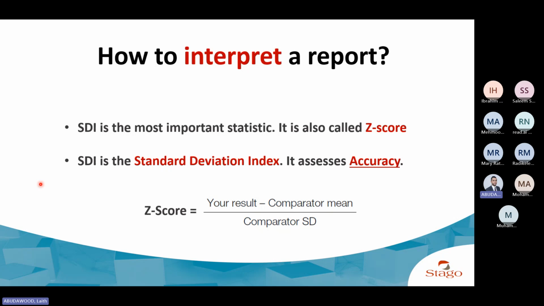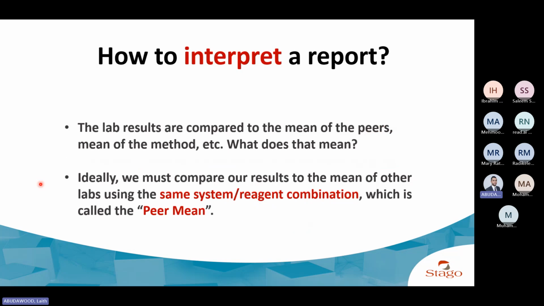All right? There are some details, but there's no need to discuss all these details in depth. So your result minus the reference or the target value divided by the standard deviation. Now, the result you will get will be expressed in SDI or Z-score. And later on, I'll explain to you what that exactly means and how you interpret that.